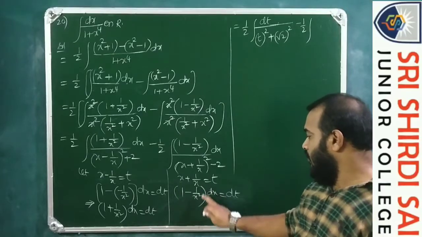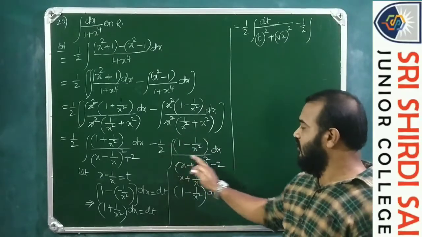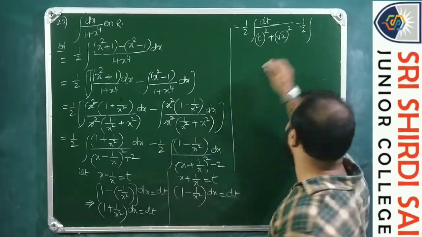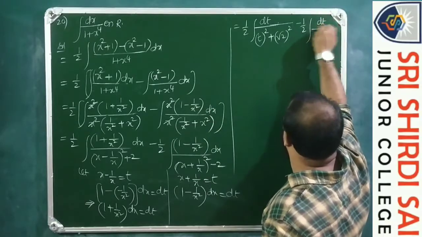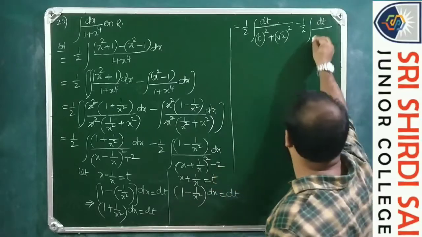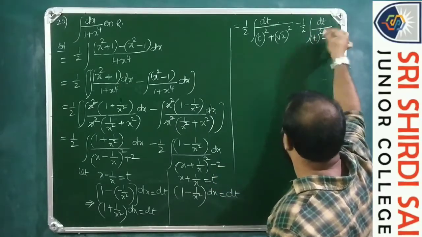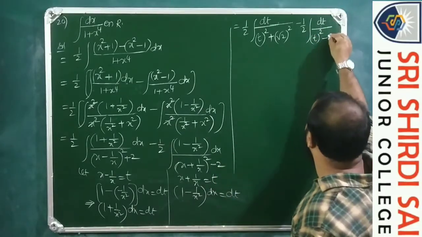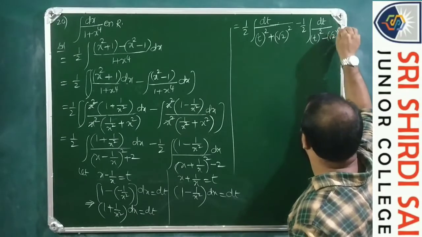Here 1 minus 1 by x square dx is dt. So this numerator as a whole will become dt by x plus 1 by x is t square. So this is t square minus 2 is root 2 whole square.